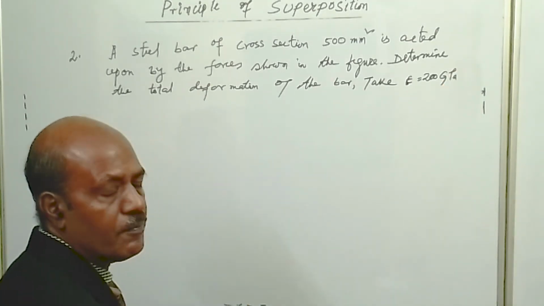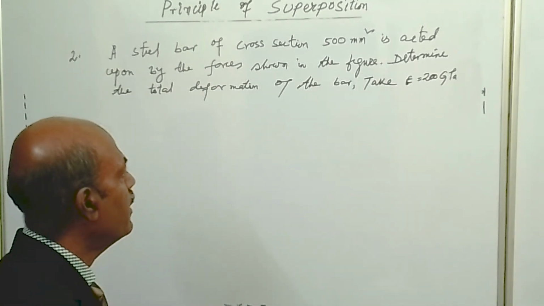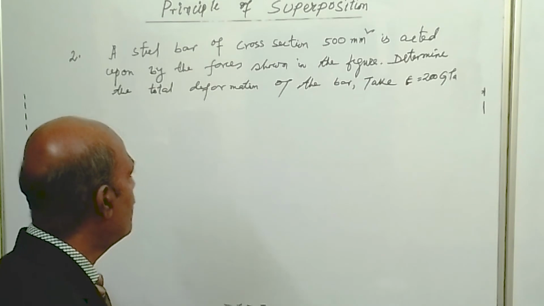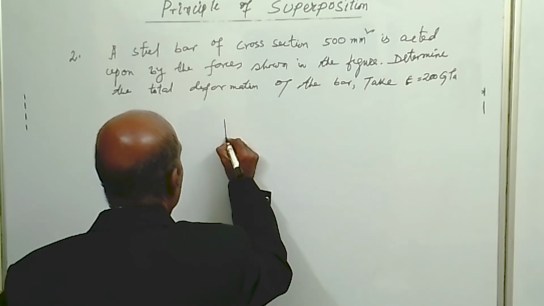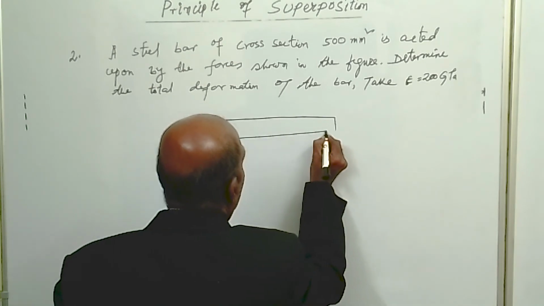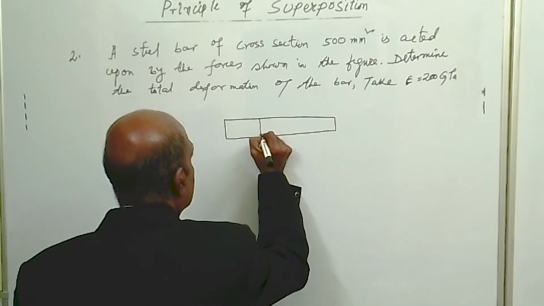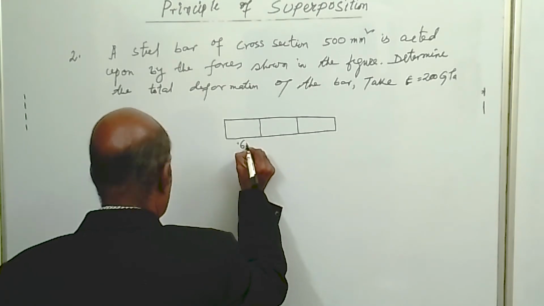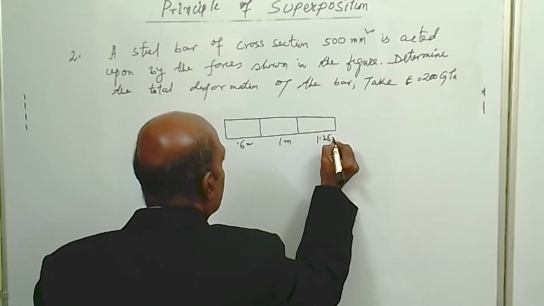So we know what is Pascal. Newton per meter square is called Pascal. Gigapascal, so 200 into 10 to the power 9 Newton per meter square, that is 200 gigapascal. Now the problem is the loads are acting at various segments. So the steel bar has 3 sections: first, second, third. Length is given as 0.6 meter, 1 meter and 1.25 meter.